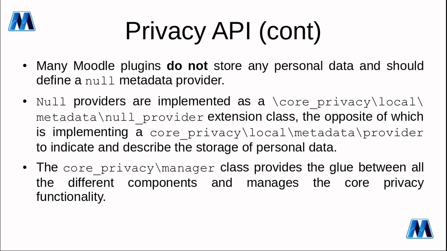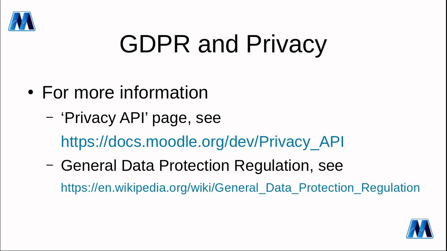And then you have a manager class that provides the glue between these two different components of the privacy functionality. For more information about the GDPR and privacy, there are some links there for you to have a look at.